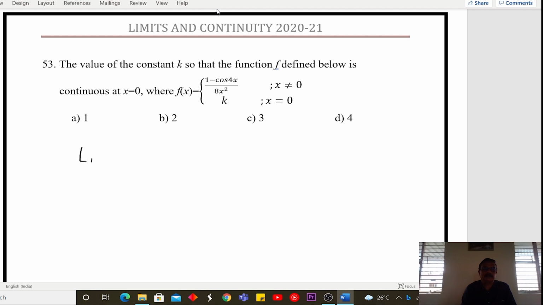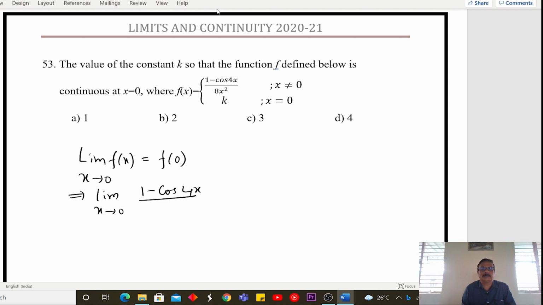So limit of f of x as x tends to 0 is equal to f of 0. That is limit as x tends to 0 of 1 minus cos 4x divided by 8x square is equal to f of 0, which is k. Now put x is 0, what happened, the given data is in the form 0 by 0 ಆಗುತ್ತೆ ತಾನೆ.